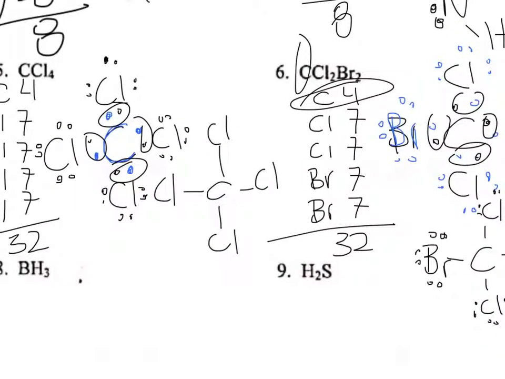So back here, I know this is getting a little messy, but in this answer right here, I should have drawn the lone pairs, 3 lone pairs around each. So all of these 32 electrons are shown, either as a bond, where each bond is 2 electrons shared between the atoms, or as a lone pair.